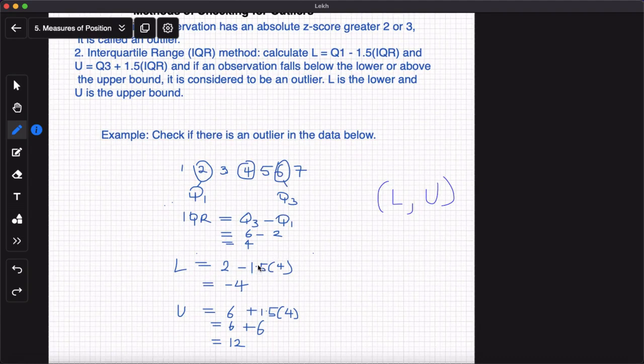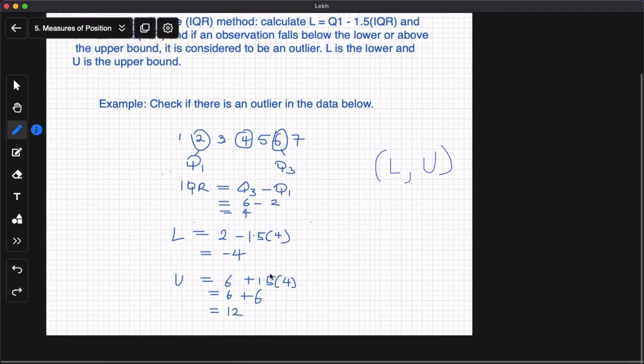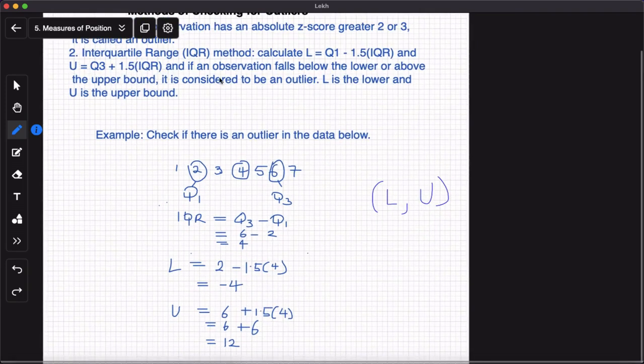Multiply it by 1.5, and then you subtract the product from 2, and that will give you minus 4. Please don't forget the formula: you multiply 1.5 by the interquartile range again, you get 6. But this time around, you add it to the third quartile, which we obtained earlier, and that is 6. So 6 plus 6, that will be 12.